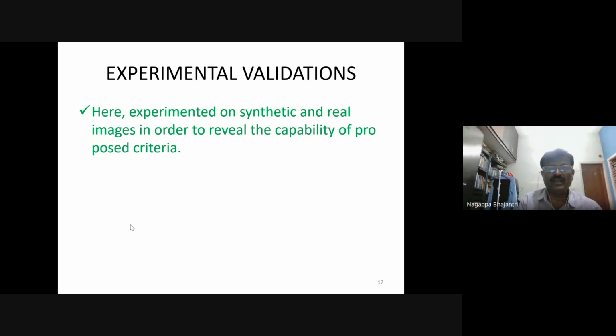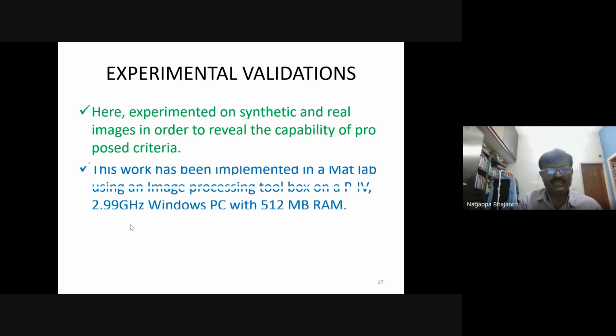Now I will quickly go through the experimental validations. We conducted experiments over synthetic as well as natural images. I implemented this on an available system: a 2.99 gigahertz system with a small amount of memory, 512 MB of main memory.